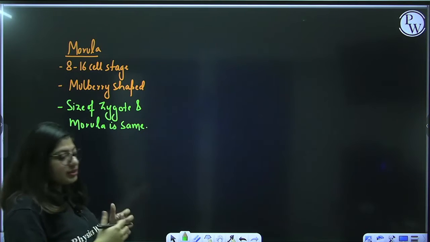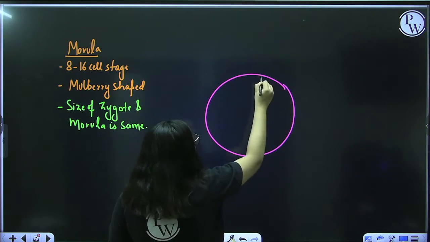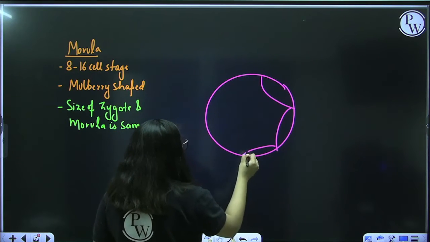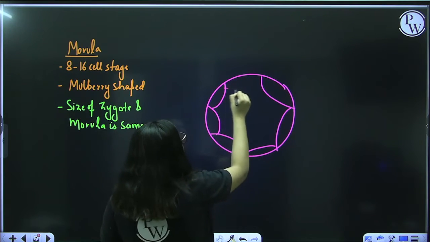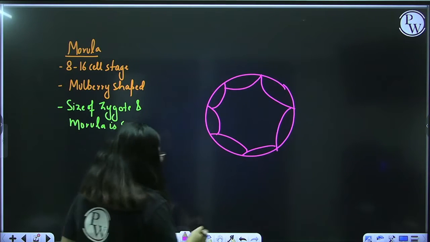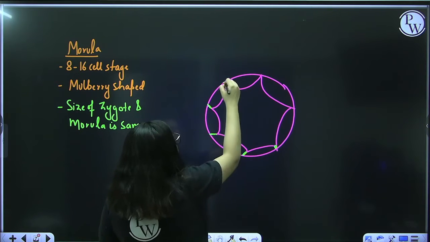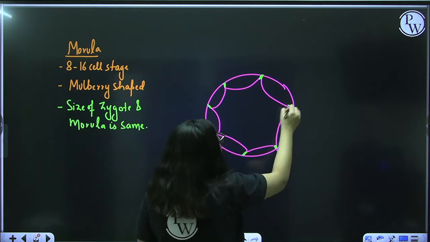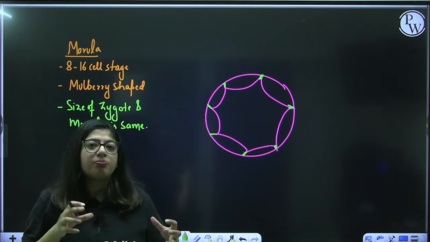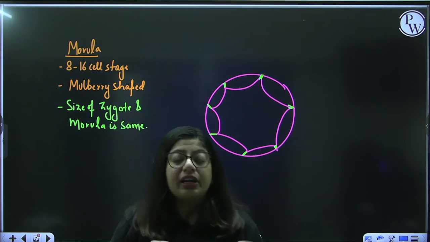Now, how does it look? If you see the outer periphery, you will get these cells, and these cells are very tightly packed because they have tight junctions. The junctions we covered in epithelial tissues are present here. These cells are very tightly packed. The entire ball of morula is highly compactly packed.